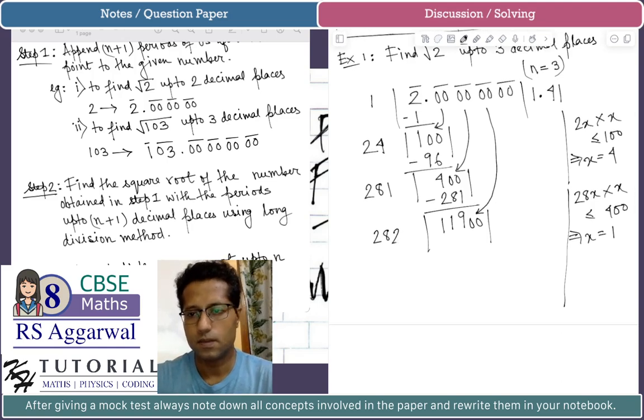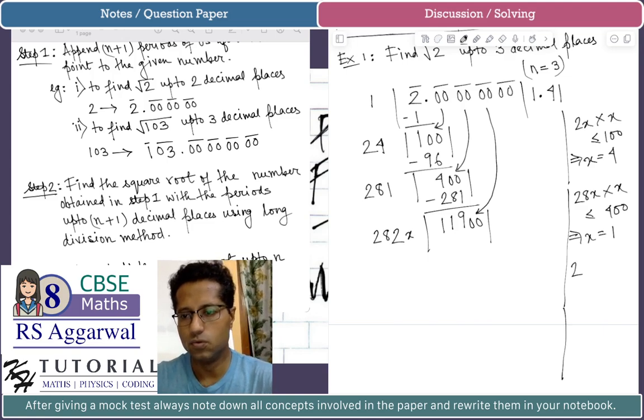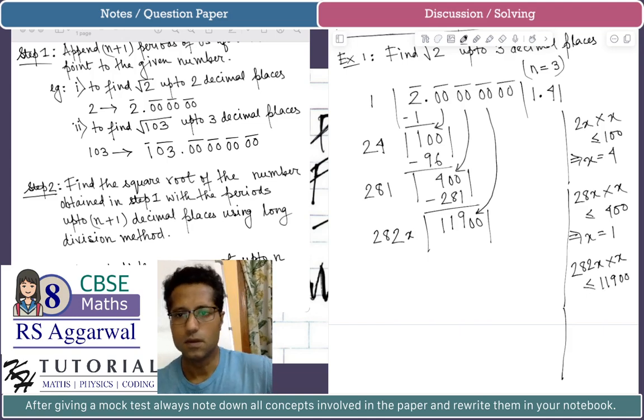Okay. Now we have to find an x over here such that 282x multiplied by x will be less than or equal to 11900. What can x be? x can be 5.